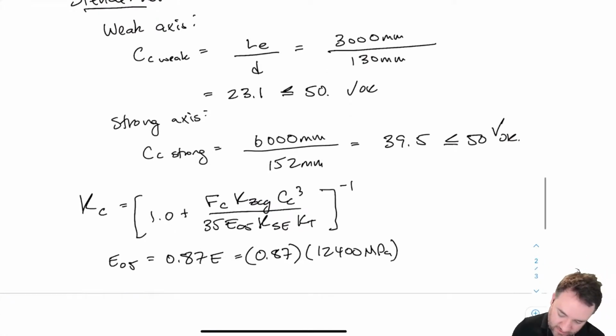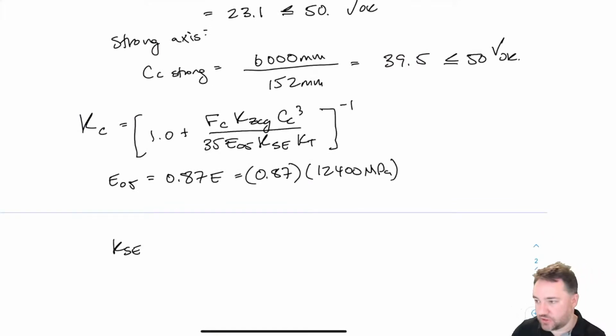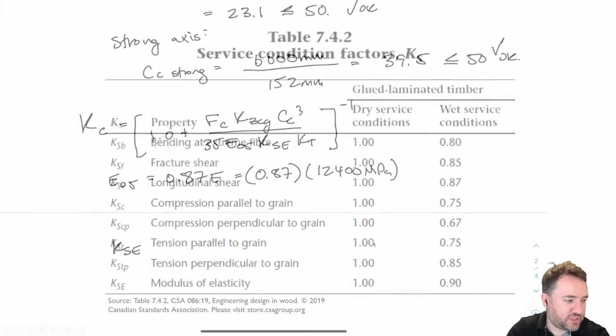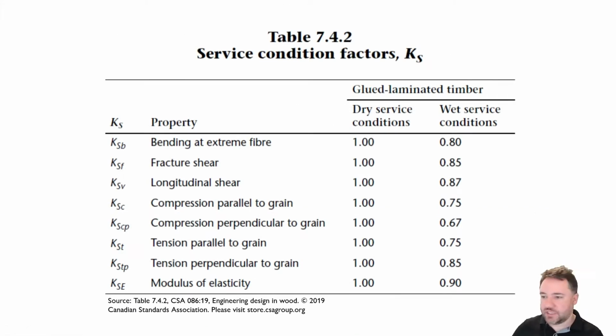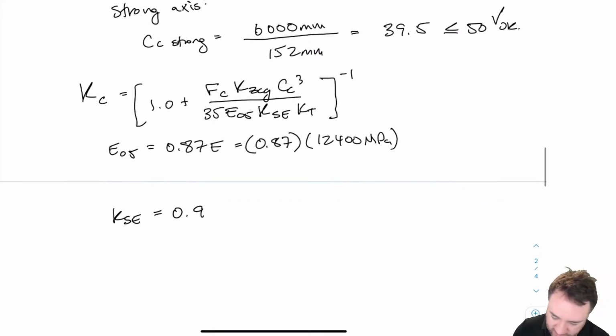The other one that we don't have is KSE, which we're going to find in the appropriate table for Glulam service condition factors. We see KSE, which is different than KSC. This is an effect on the stiffness, not an effect on the strength. And we see that for wet conditions, it's 0.9. KSE equals 0.9.